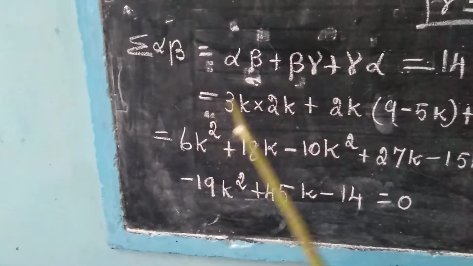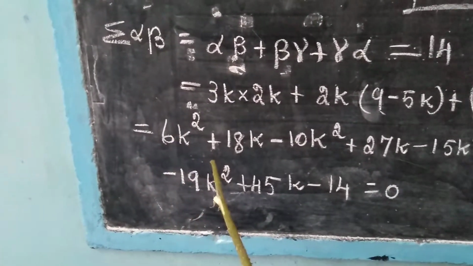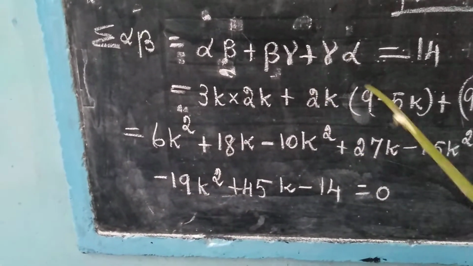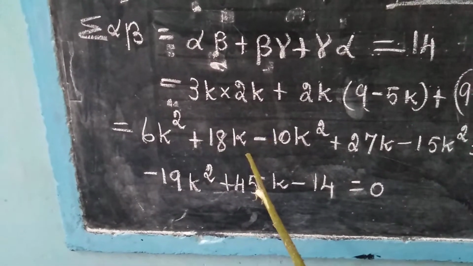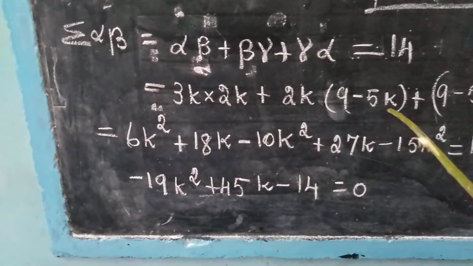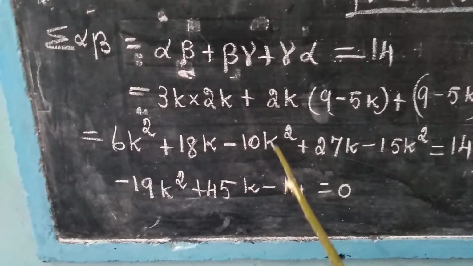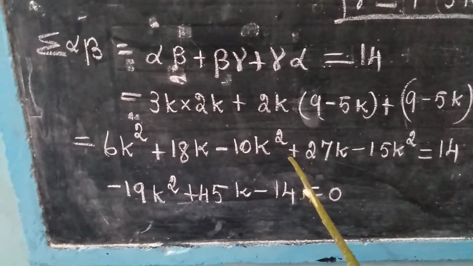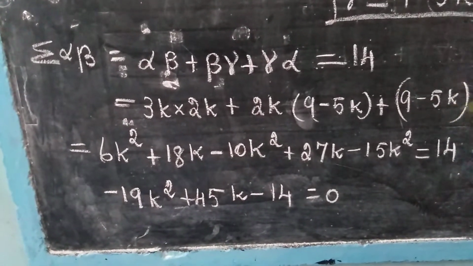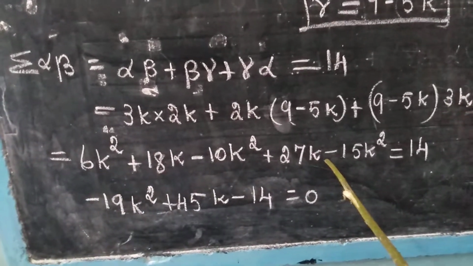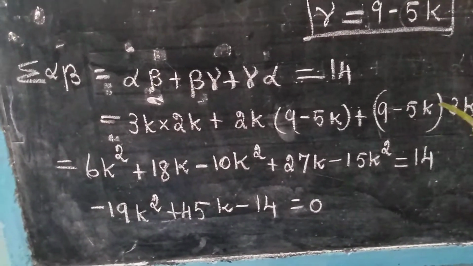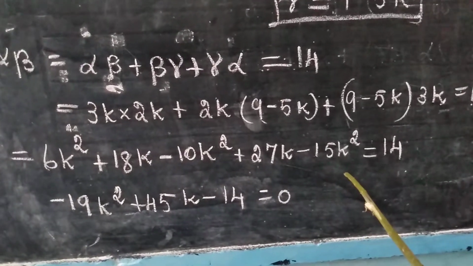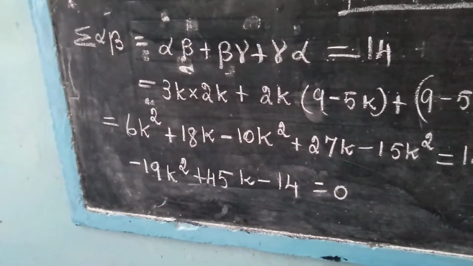Now if we multiply we get 6k square plus 18k minus 10k square plus 27k minus 15k square is equal to 14.